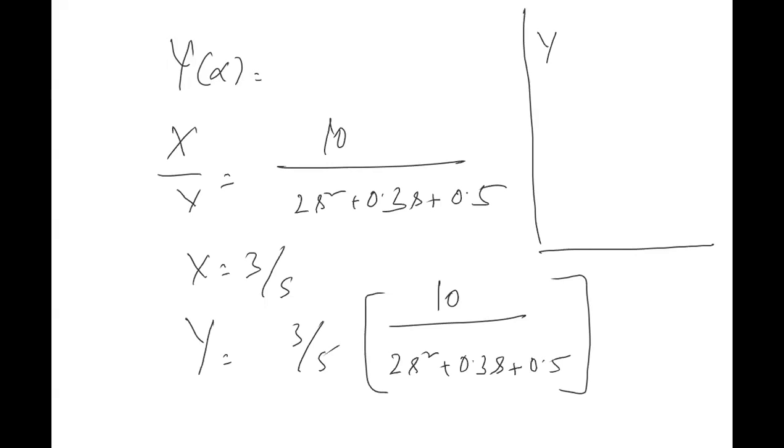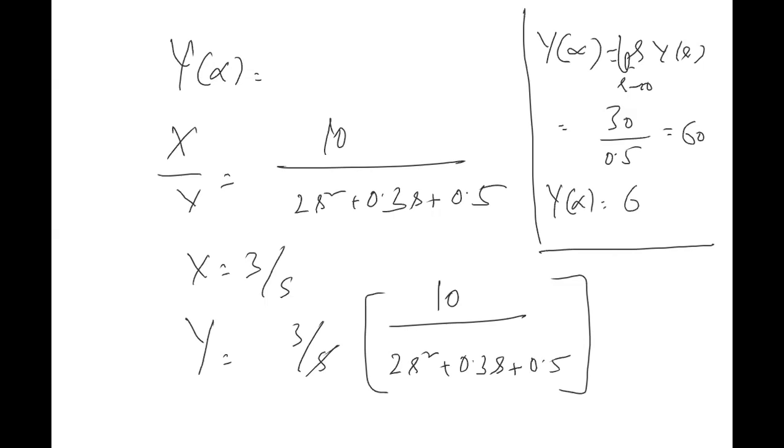Then y of infinity is the limit s tends to 0 of s into y of s. S and s will cancel. If you put this, 3 into 10, 30 divided by 0.5, which is 60. So the ultimate value, y of infinity, is 60.